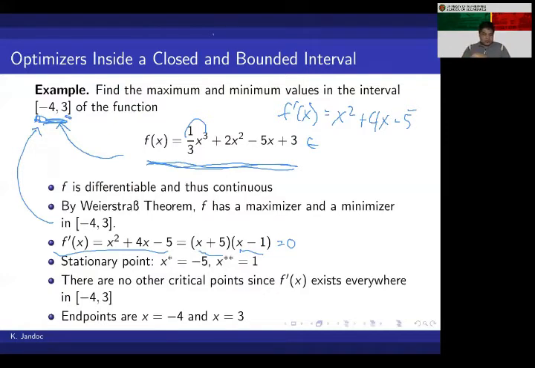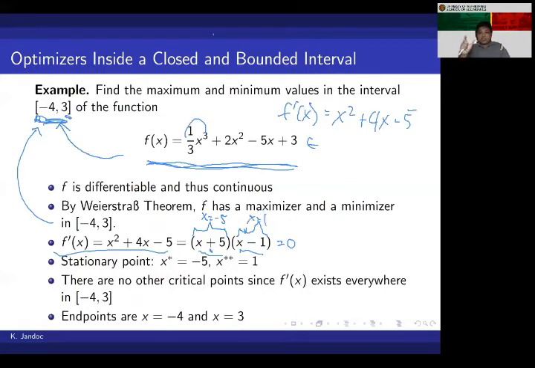So when will this derivative be equal to 0? It will be equal to 0 when either this expression or this expression is equal to 0. This expression will be 0 when x equals -5, since -5 plus 5 is 0. This expression will be 0 when x equals 1.